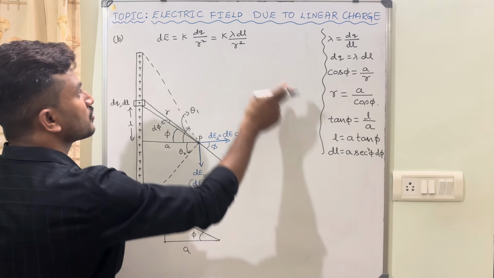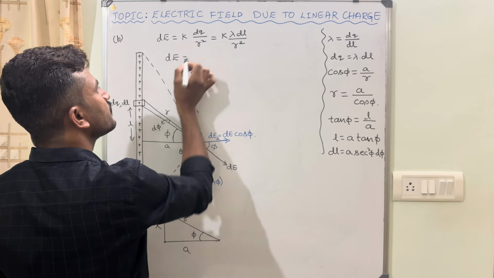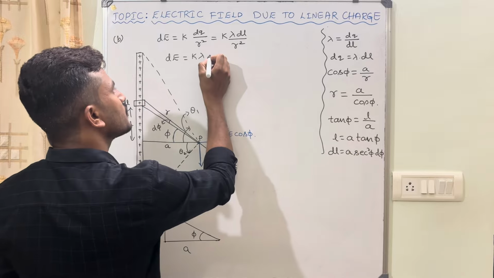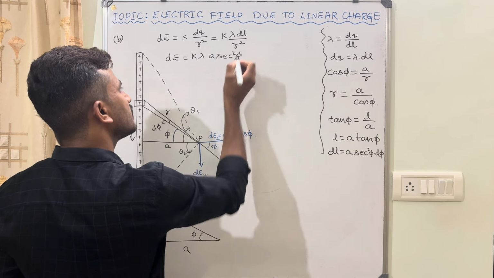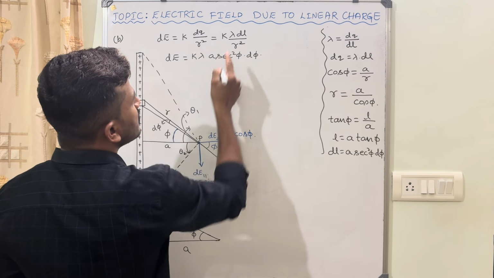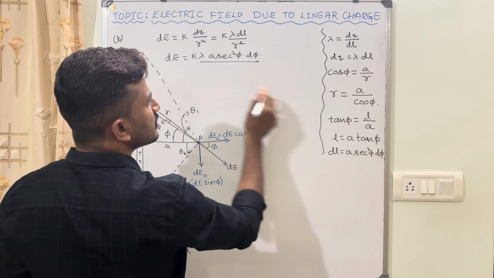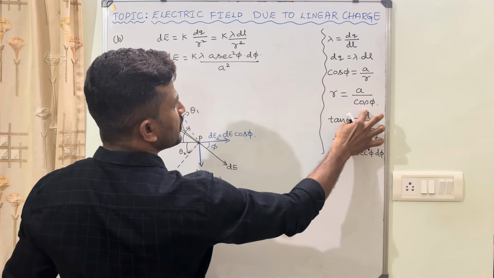Okay, now I will substitute this one here. So dE is equal to K lambda, dL is A secant square phi into d phi, that is dL value, divided by R square, which is A square by cos square phi.